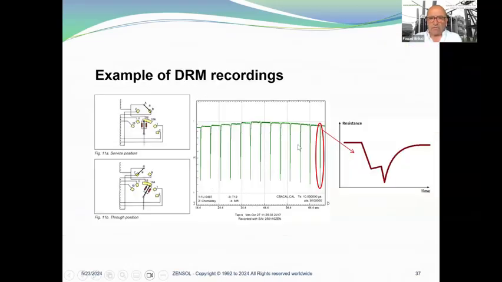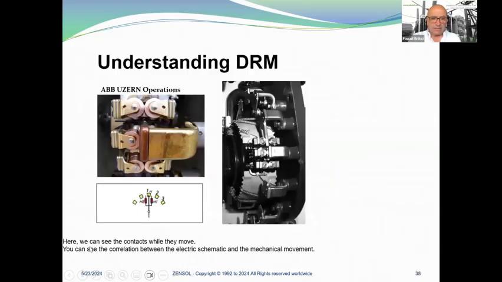Here, I hope that you are familiar with these curves of the DRM recordings. Just here you move from 12 to 12A. And here you have a lot of operations recorded at the same time with the TAP 4 plus. And here you can see the contact while they move. You can see the correlation between the electric schematic and the mechanical movement.